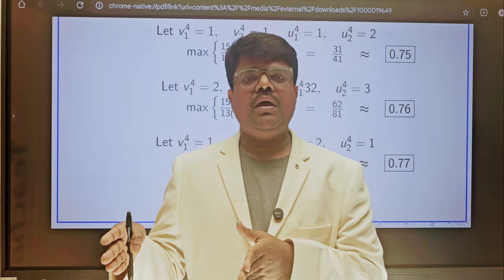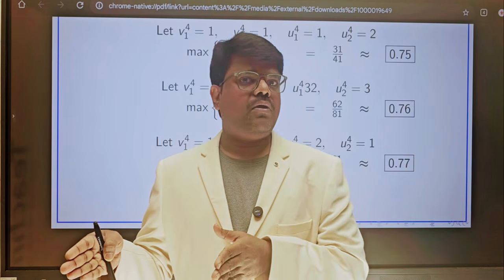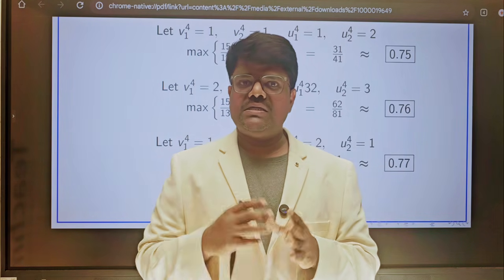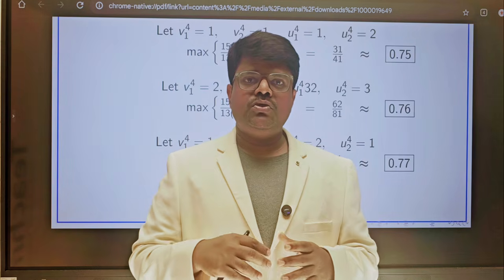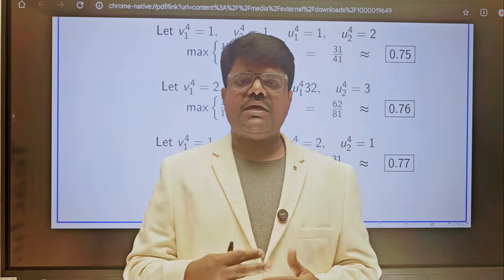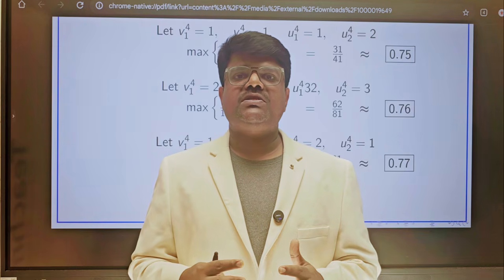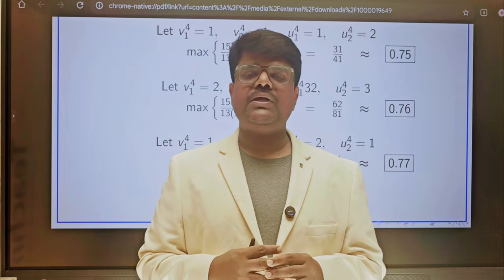Because when I am maximizing the ratio of DMU1, I do not consider the DMU2, 3, 4 constraints. Similarly for DMU2, DMU3 and DMU4. So the CCR model will tell us how to maximize the ratio while taking the constraints of all the competitors. In my next video, I will explain the CCR model in detail.